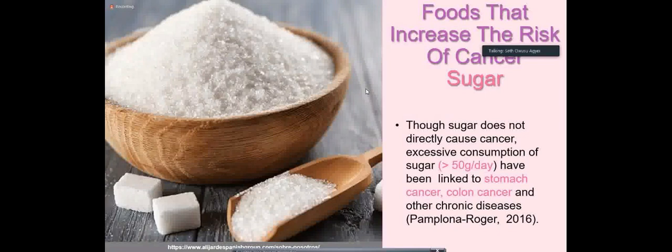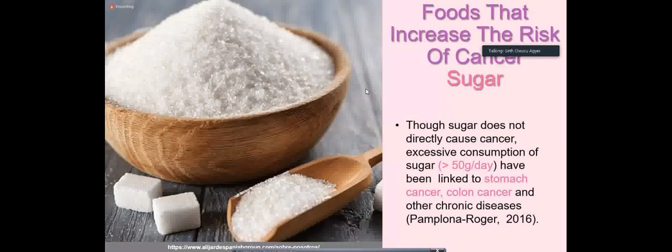So genetics can't be controlled, and the environment has some components that can be controlled and others cannot. But one thing that we all have control over is our diet and the type of things we take into our body.